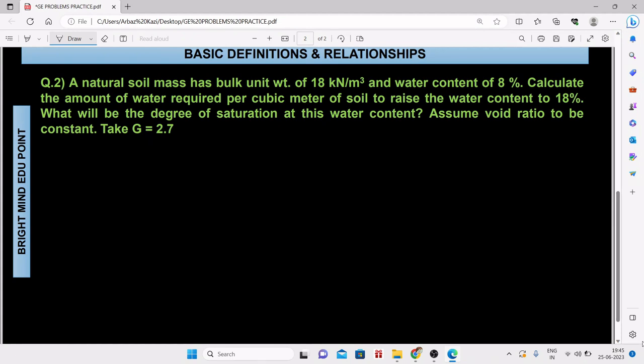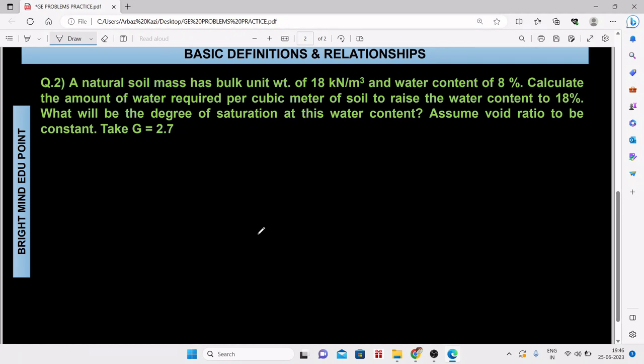Now, if the water content is raised from 8% to 18% in this case, we have to find the amount of water required per cubic meter of soil to raise it, and the degree of saturation at this water content, and we have to assume that the void ratio is constant. The value of G, that is specific gravity, is to be taken as 2.7.